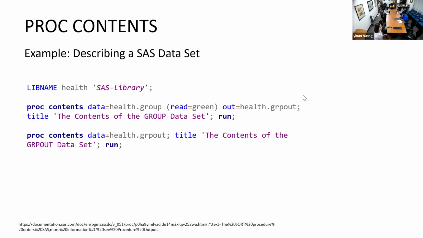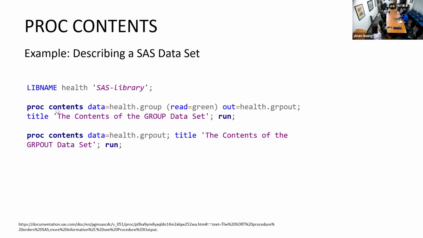Now, this example about the proc contents code, I want you to remember it. Let's look at this example here. They start by specifying the library's name, and then the proc contents follows.